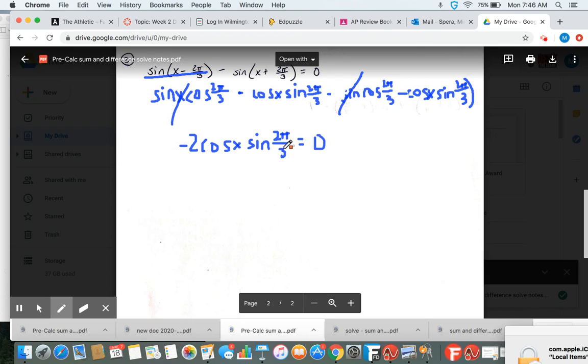All right, start thinking about what 2 pi over 3 is, the y coordinate of it. And it's in quadrant 2 where the y coordinate is positive. So it's a positive root 3 over 2.